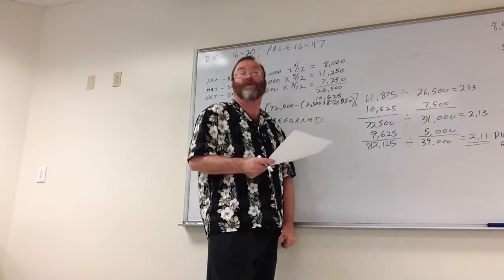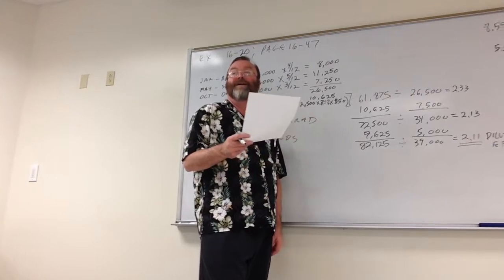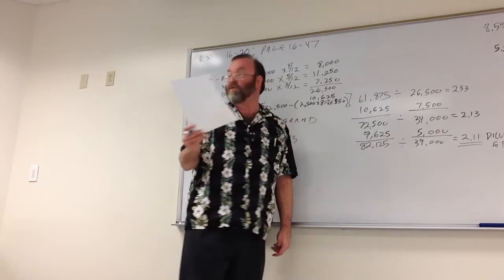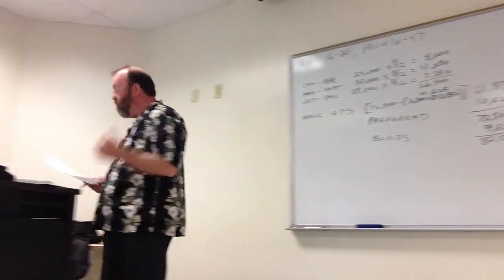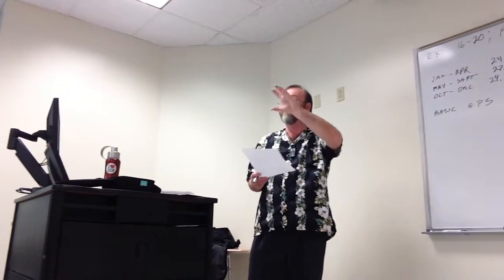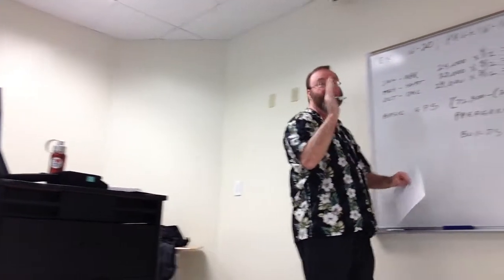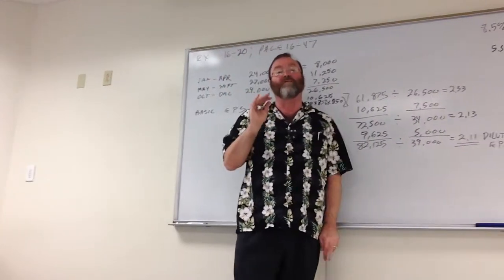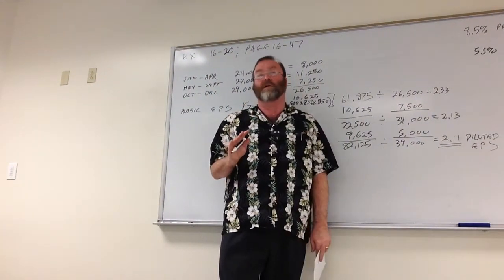You want me to go on and do another one? Yes? I'm going to do 2 more like this, but I want to stop and do one different type problem just to introduce you to it because you need to know it, because there's an intermediary step. So far, we've been dealing with only convertible securities.